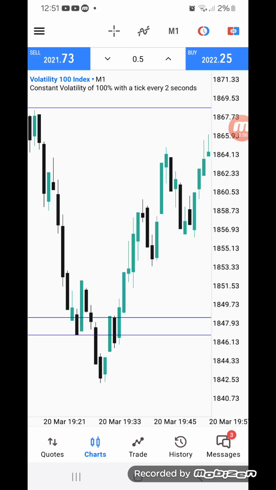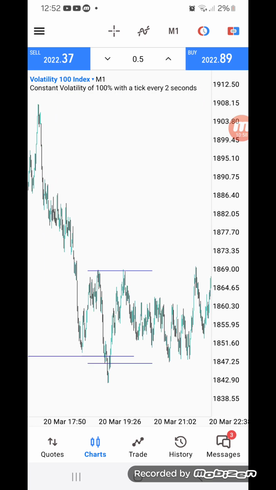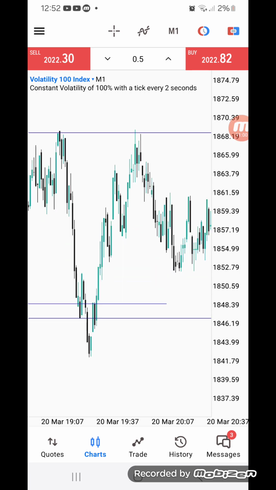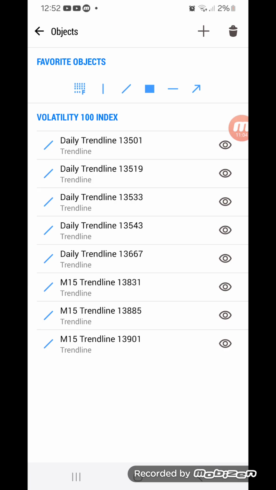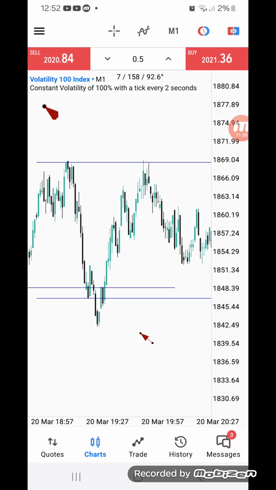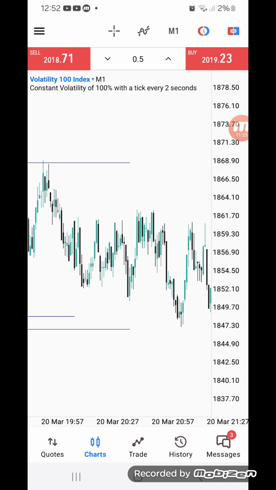The first model, we normally call it the unicorn model, whereby the market goes up and breaks the high and then retests back to fill a certain fair value gap. This is the fair value gap I'm talking about.